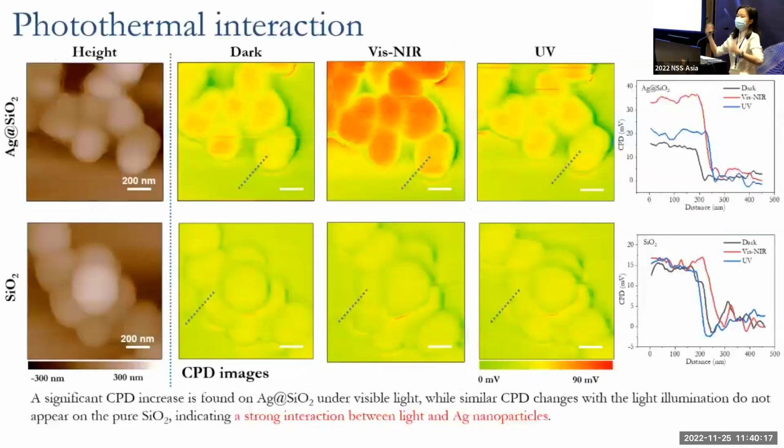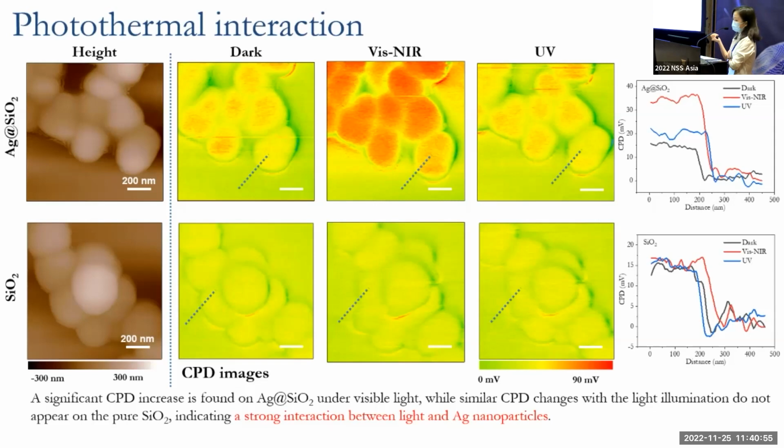Okay, so first, to study the photothermal interaction, we decouple the hybrid photocatalyst. We use these two types of samples as the research subjects. One is silver on silicon oxide. Another one is pure silicon oxide. These are CPD images of these two samples under different light conditions.